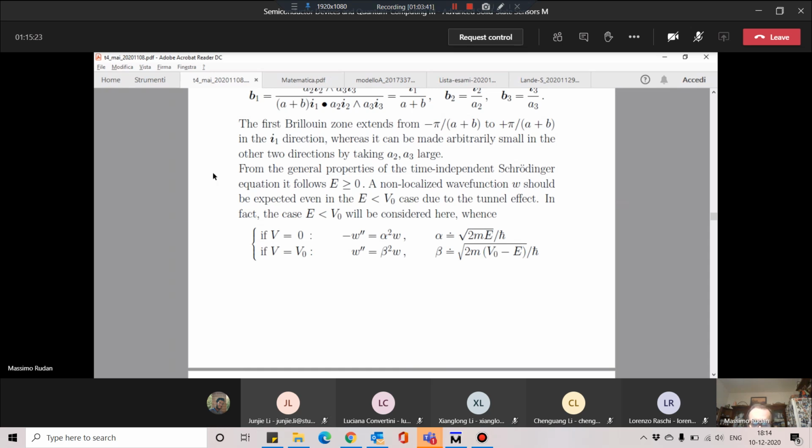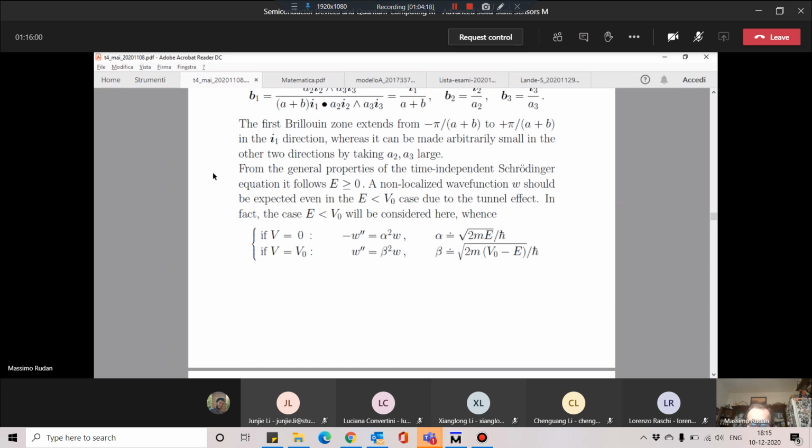So we may try to simplify the expressions by taking the barriers higher and higher. That means we go to the limit in which V0 becomes very large. If that happens, then beta also becomes very large, and essentially it becomes a function of V0 only, because if V0 goes to infinity, it becomes dominant with respect to the energy.